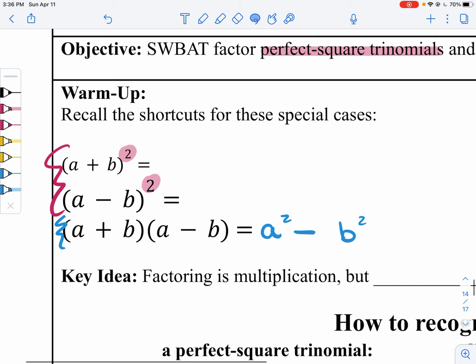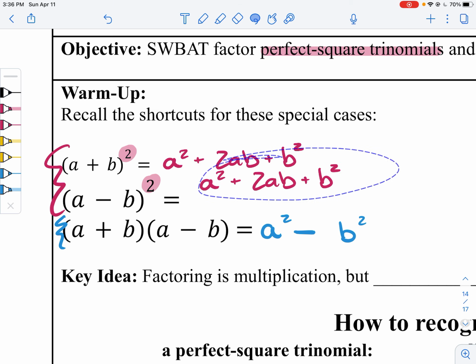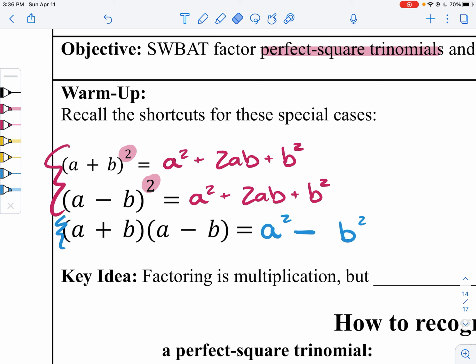And if you FOIL this guy out, you would get a squared plus 2ab plus b squared. You can check my work by FOILing it out, and then this guy ends up being exactly the same thing, except since there's a minus inside, the plus 2ab becomes a minus. So that's a fun shortcut.